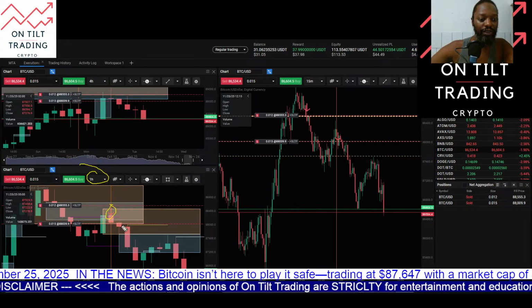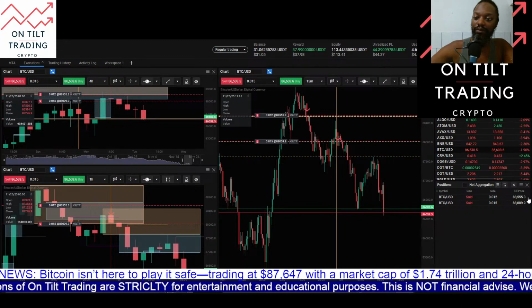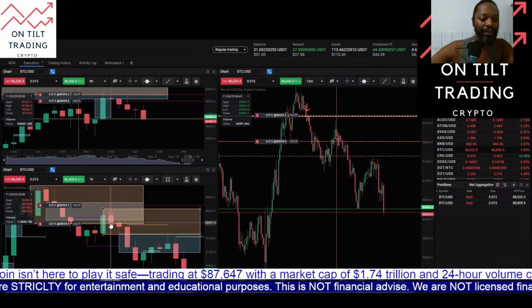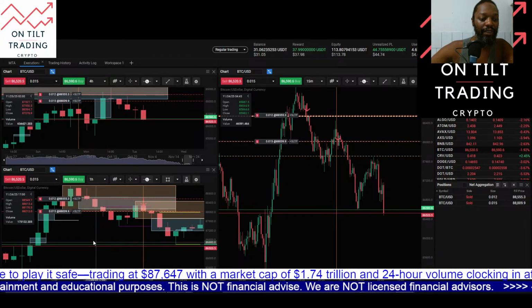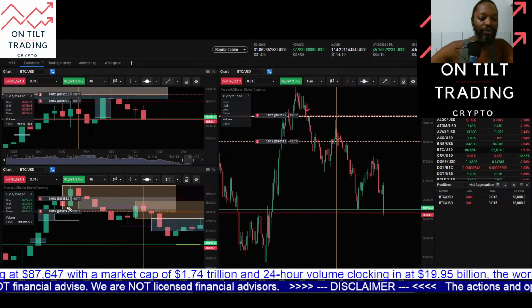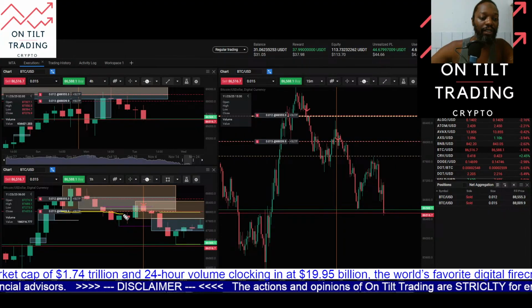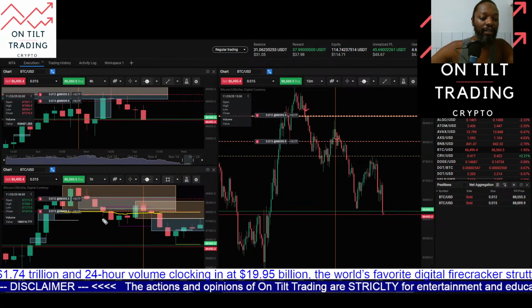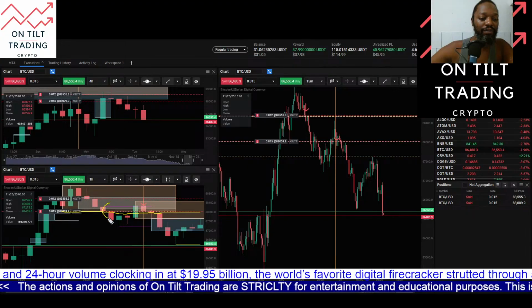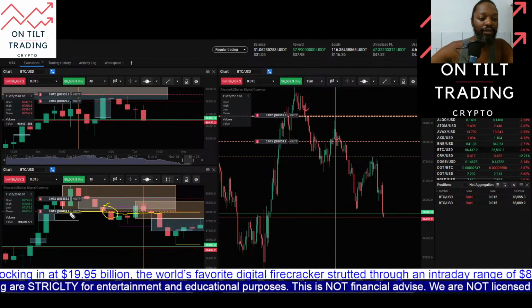So I get an entry here, I believe right after New York midnight time. But what happens here is that similar price action that set up the trade off of the 4-hour. There's a market structure shift that comes in here on the 60-minute chart right here.